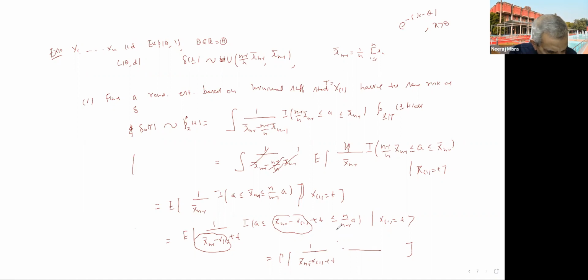Let me look at the uniform case, because what is given to you is delta X. Just correct me if I am noting down the correct thing: this is n minus 1 by n, x bar n minus 1, x bar n, right? So what is this PDF?